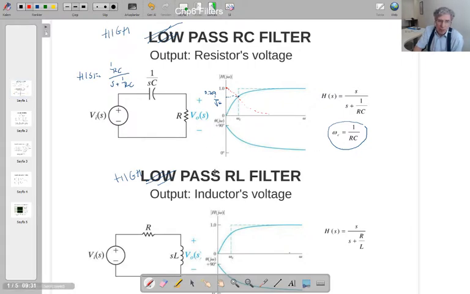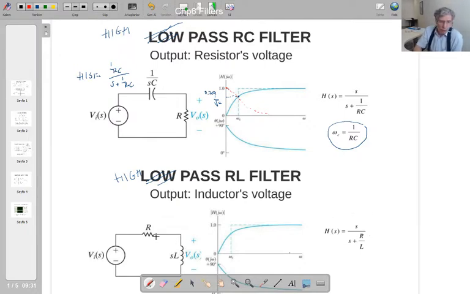Now, that is one of the simplest high pass filter examples. The other one is this one. It is a serially connected resistor and inductor. If you take the output from the inductor, you get that transfer function.